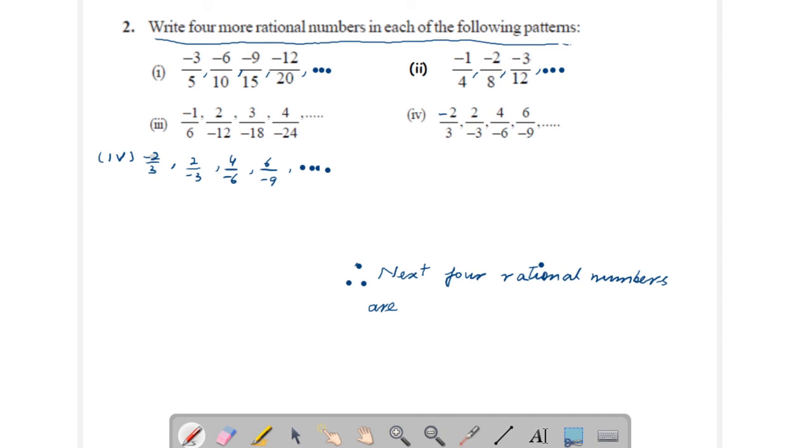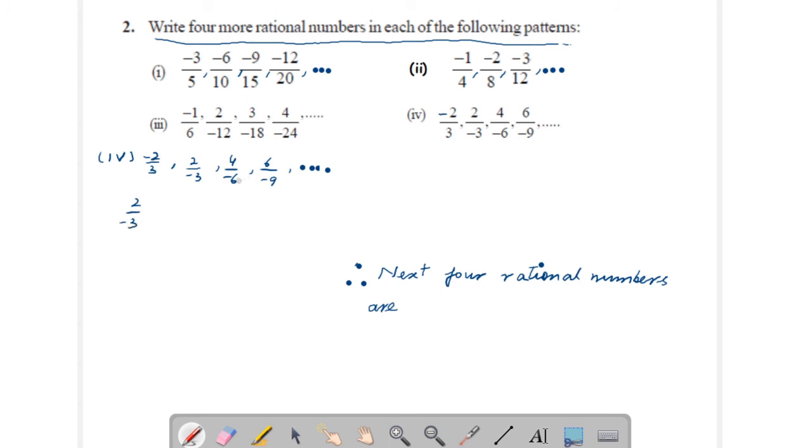Here minus 2 upon 3 and 2 upon minus 3 both are same, because if we multiply minus 2 upon 3 by minus 1 both in numerator and denominator, we will get 2 upon minus 3. We can take first rational number as 2 upon minus 3.